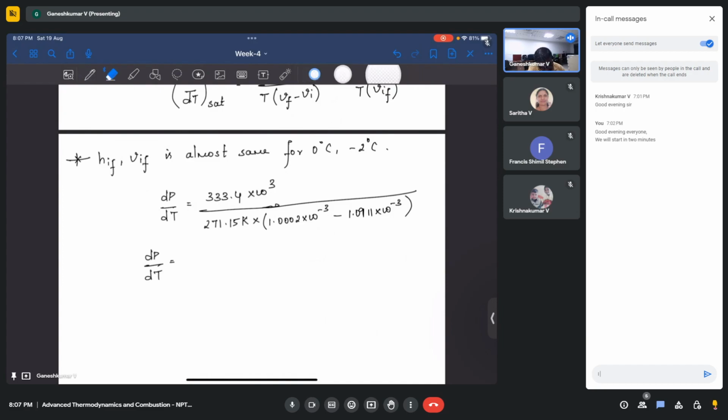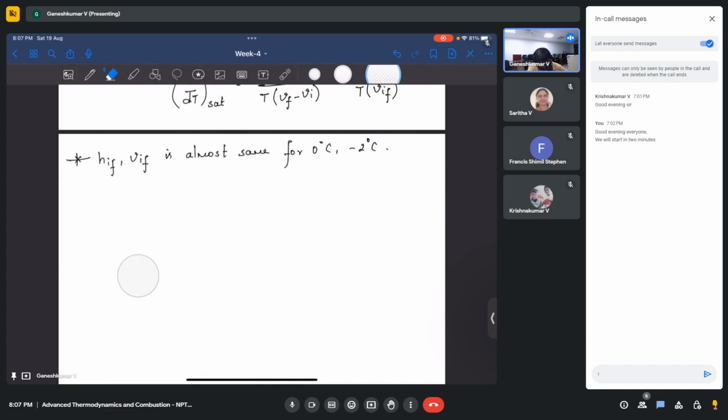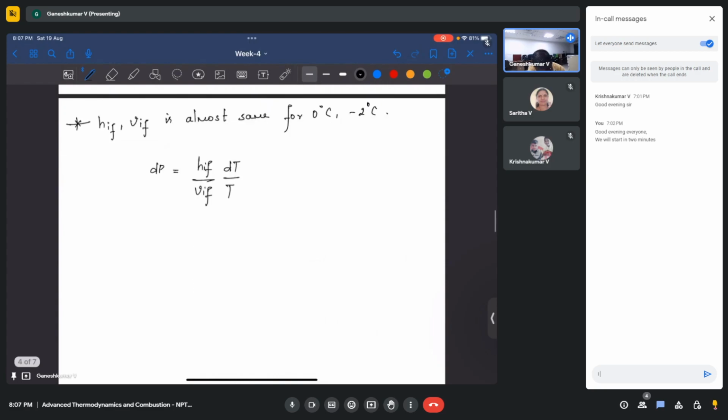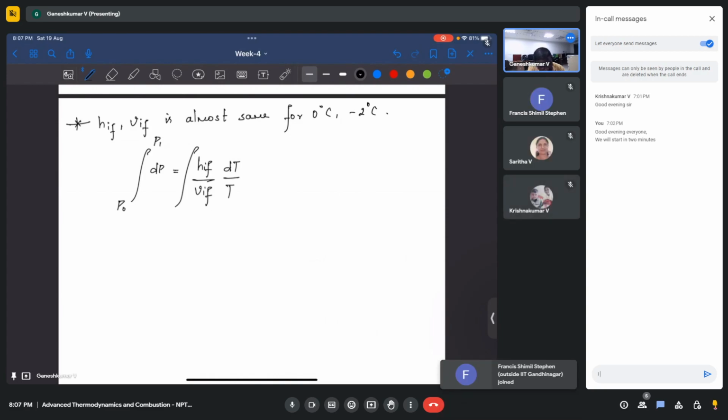Or instead, let's do it this way. Let's not calculate now. Let's continue. Ultimately we need to find pressure, so if we find dP by dT, it will be of no use. We need to find pressure, right? So let's say dP is equal to Hif by Vif into dT by T, right? And we are interested in finding the pressure from P0 to P1 and T0 to T1, right?